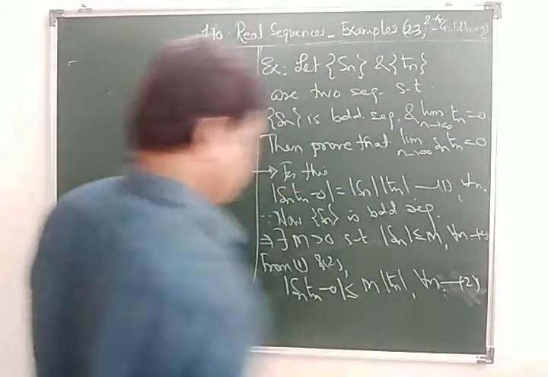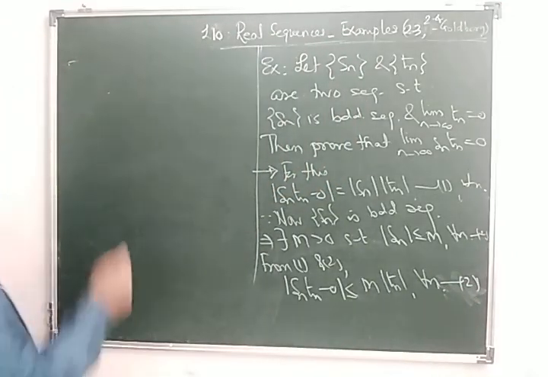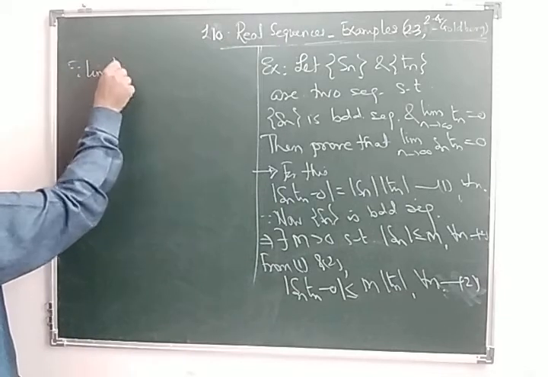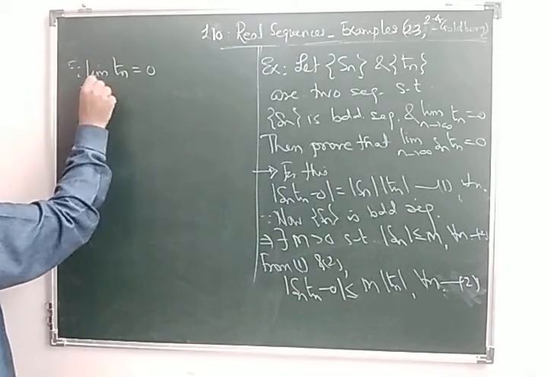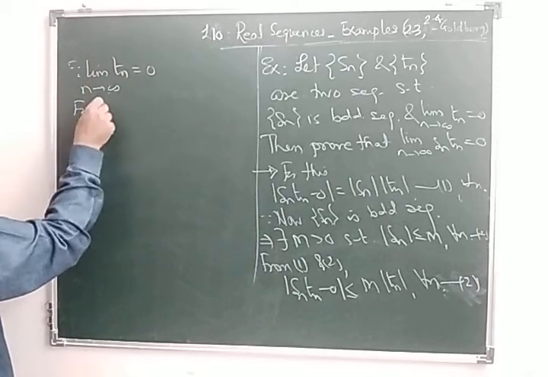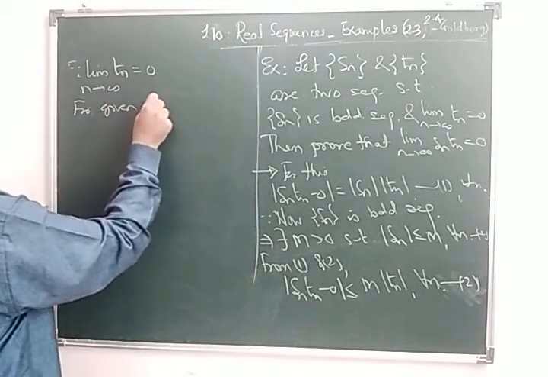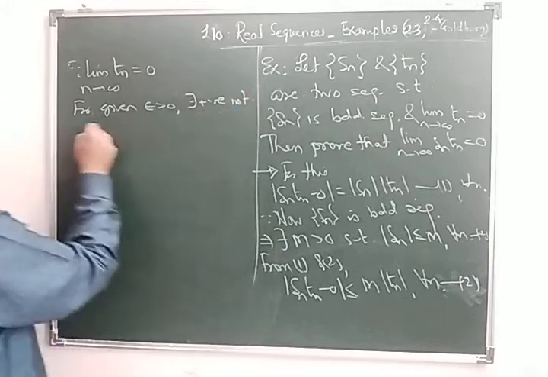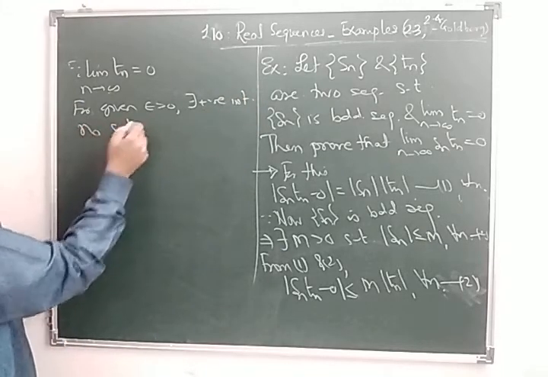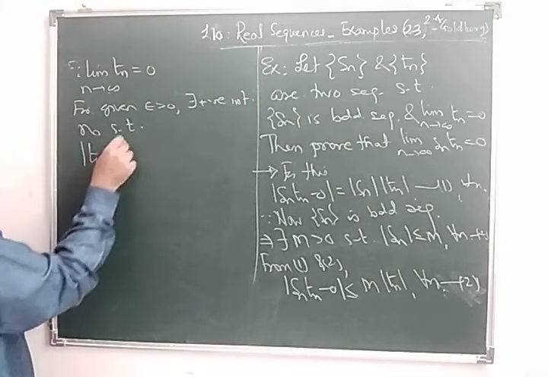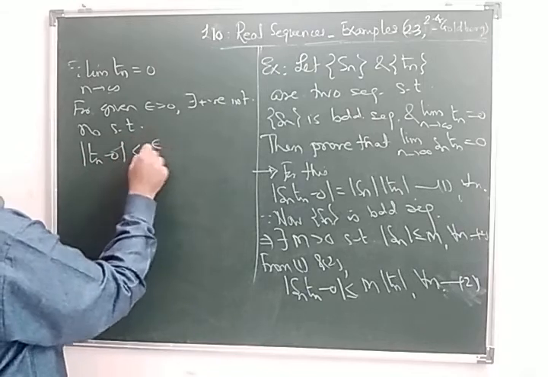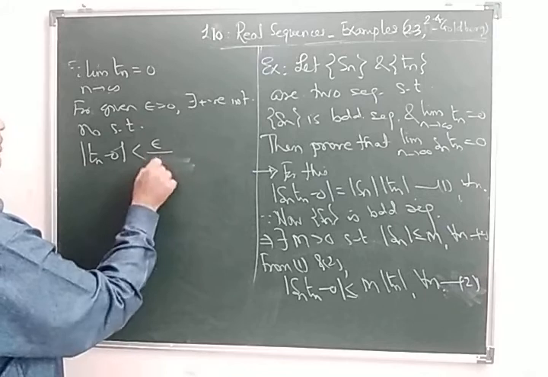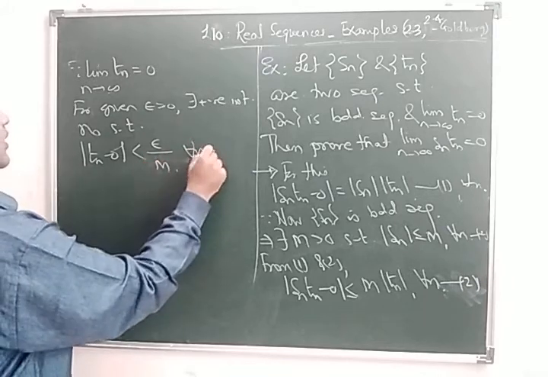This is 2. Now since Tn converges to 0, since the limit of Tn is 0, therefore for given epsilon greater than 0, there exists a positive integer n naught such that mod of Tn minus 0 is less than epsilon upon m for any n greater or equal to n naught.